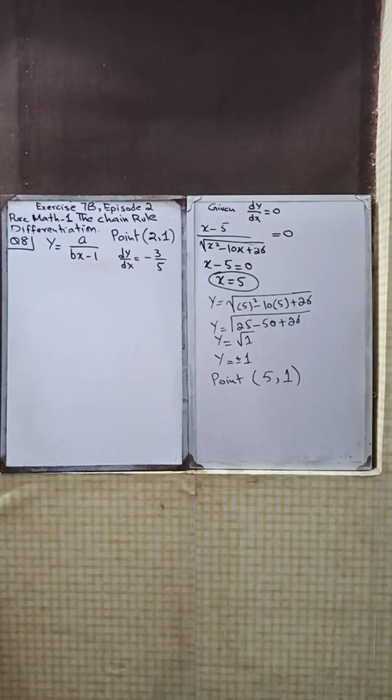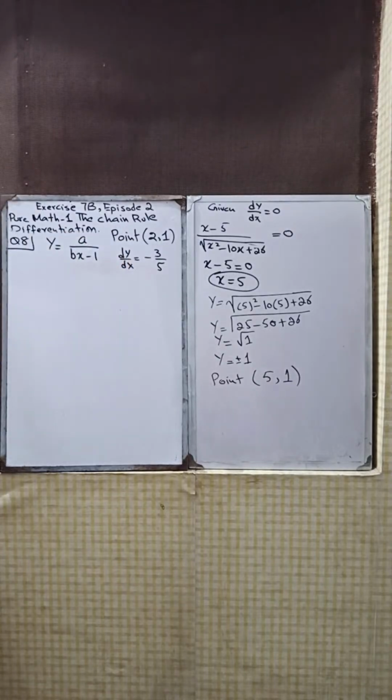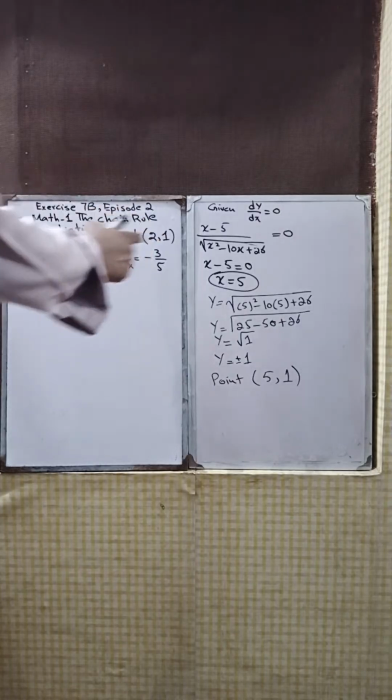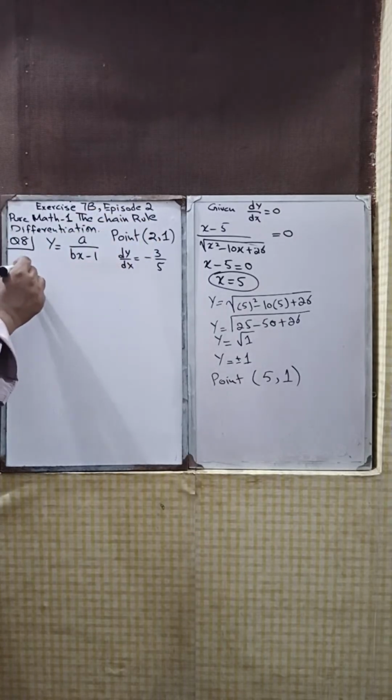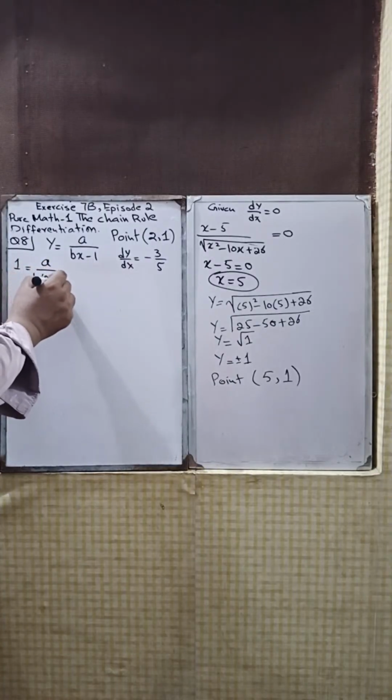First of all, because this point is on this curve, in the original equation of the curve you can substitute the value of x with 2 and the value of y with 1, and you will get an equation in a and b. So in the place of y, I can write 1, and in the place of x, I can write 2.